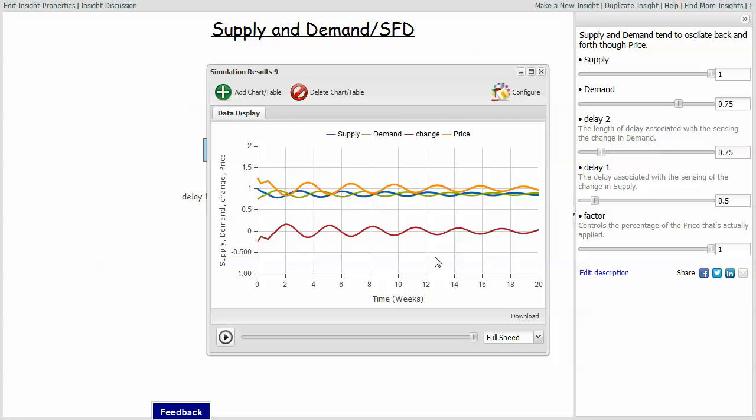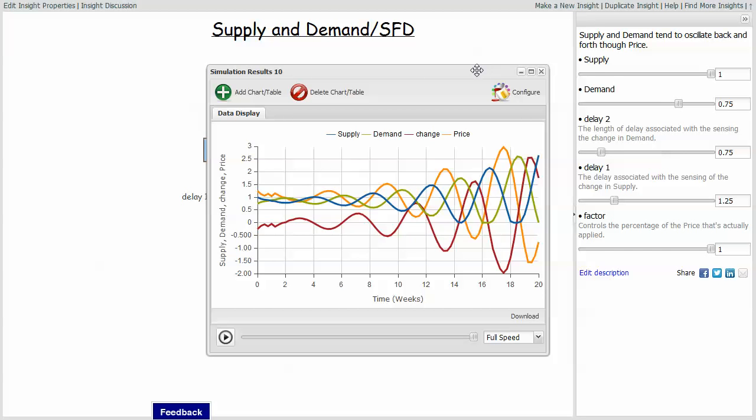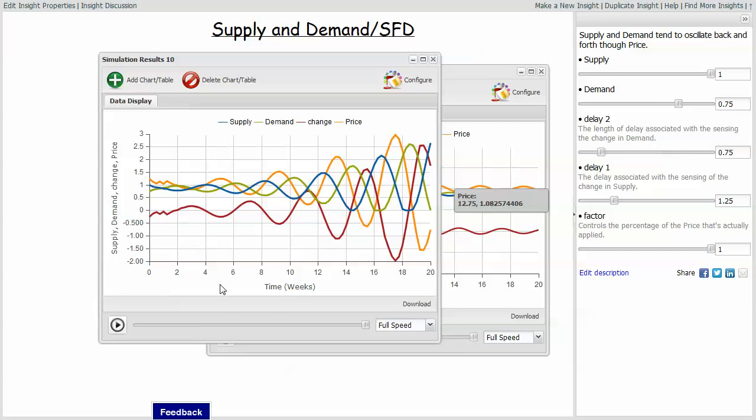It's a dampened oscillation, but if the time delays tend to get large enough, what you find out is that the system actually gets out of control, based upon the system reacting to what it thinks the changes are and not being aware of the real changes until some time later.